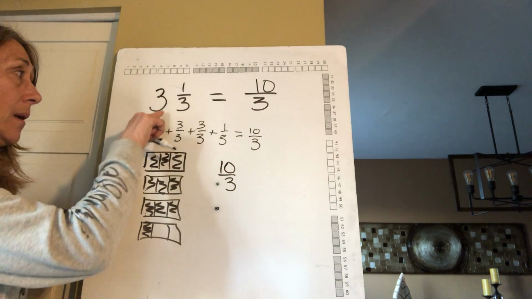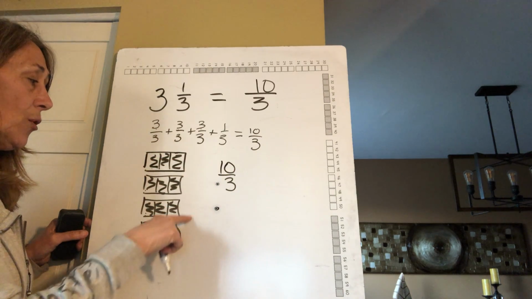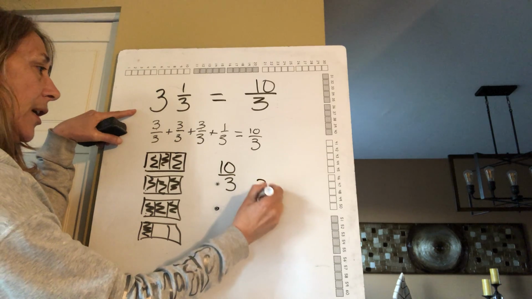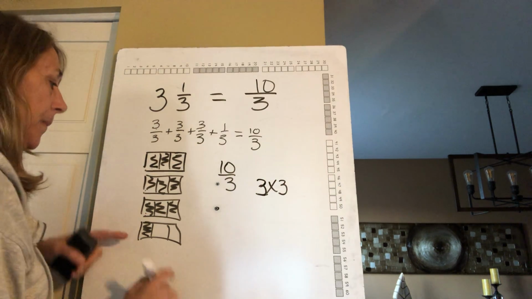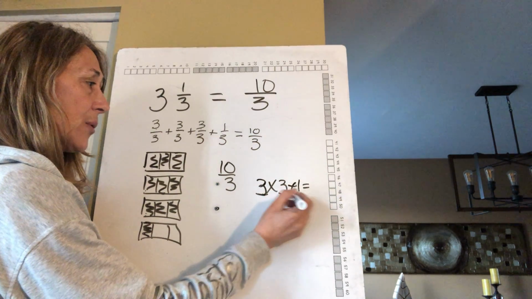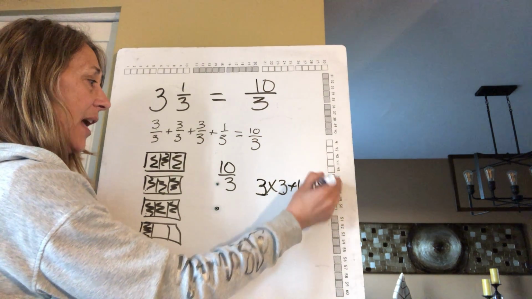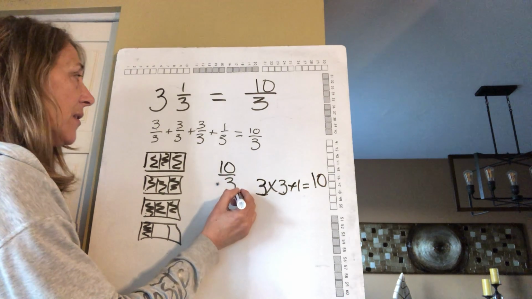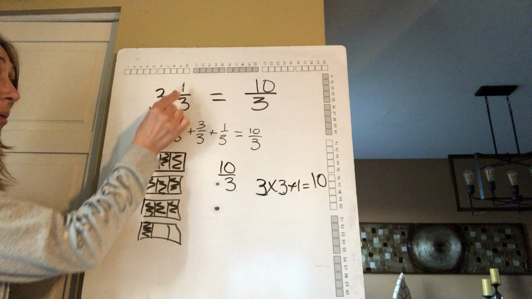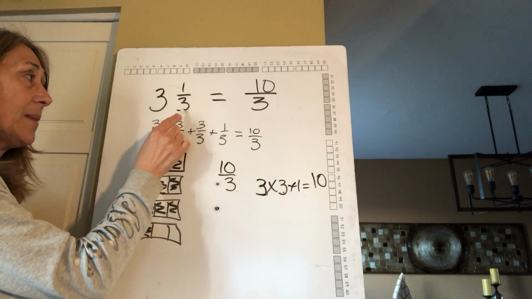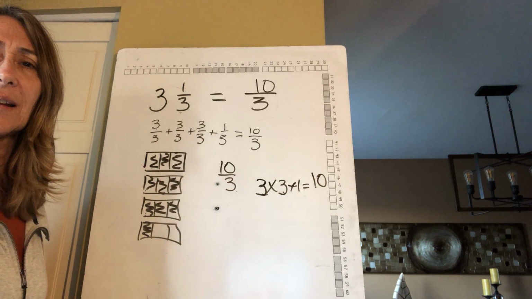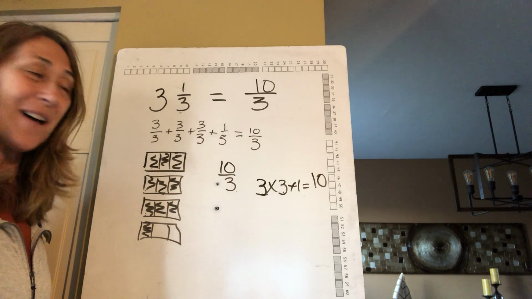Or 3 groups of 3, plus my 1 equals 3 times 3 is 9 plus 1 is 10. 10 thirds. 3 groups of 3 plus 1. 3 times 3 is 9 plus 1 is 10. That's pretty cool how that works.